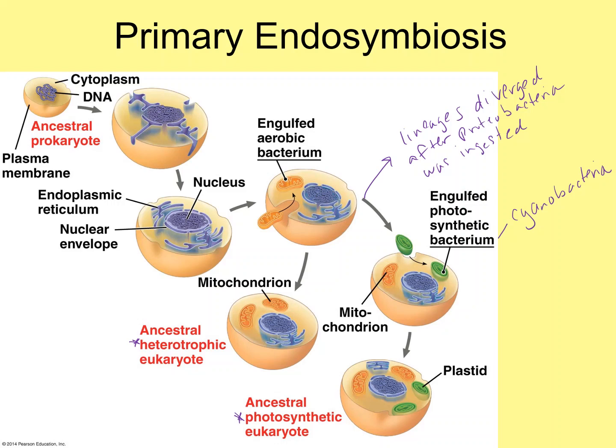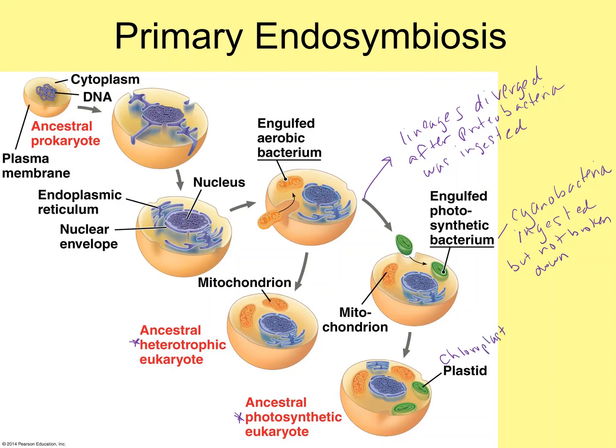And so cyanobacteria ingested, but not broken down like before, and you end up with, right, so this is a chloroplast. Same thing, it's living inside, right, this is a symbiont, living inside the host cell.